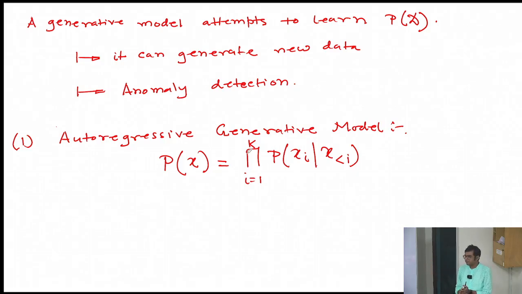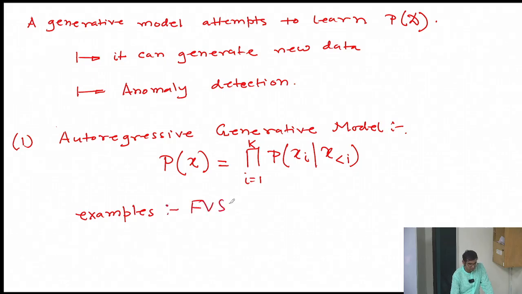We talked about at least 2 types of autoregressive generative model. Including the homework or practical, you have done 3 types. The examples were, the first one was fully visible sigmoid belief network. Because it is a family, it is not a single model. Then we did NADE.